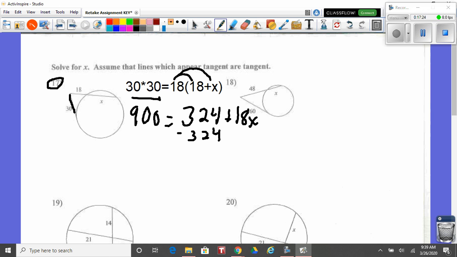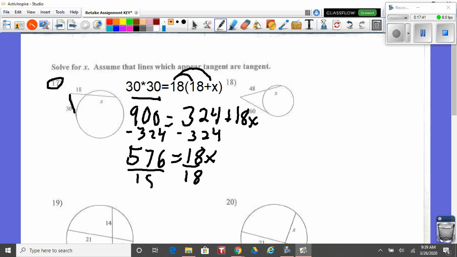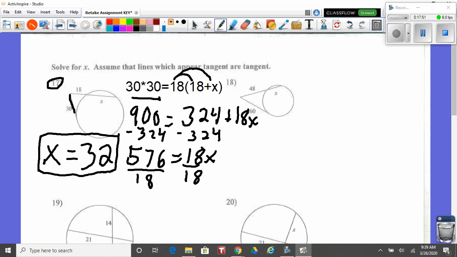We need to subtract 324 from both sides. Whenever we subtract 324 from the 900, we're going to get 576 equals 18x. In our last step, we just divide by 18 on both sides to give us x equals 32. And that is our answer.